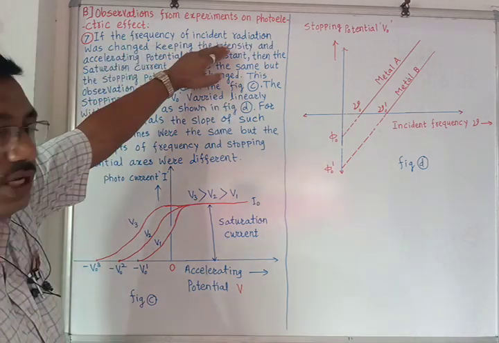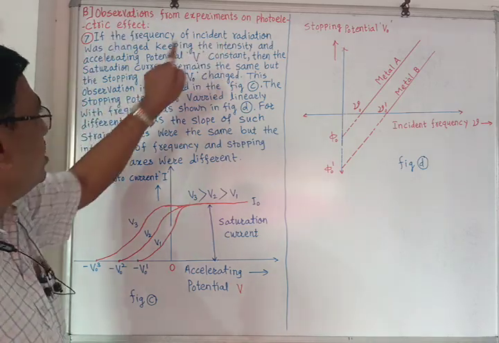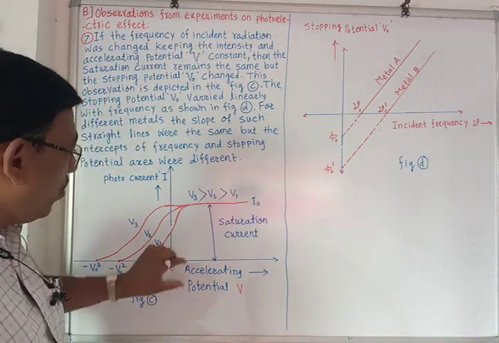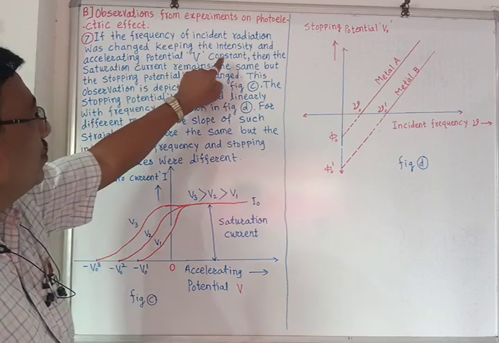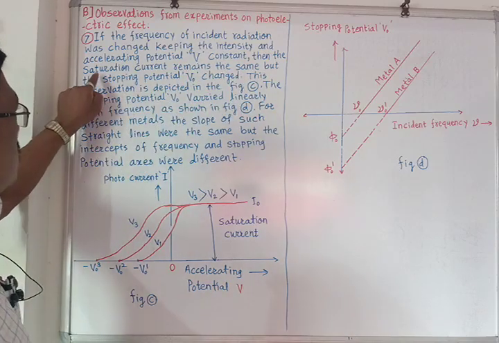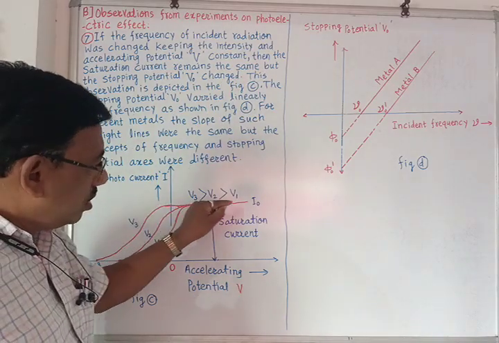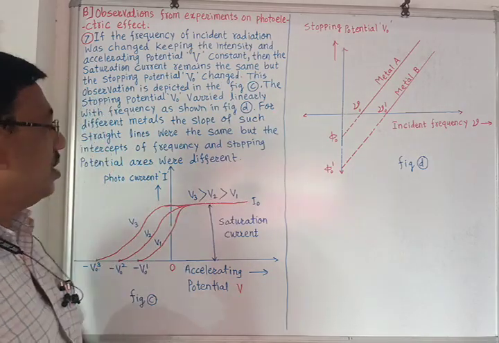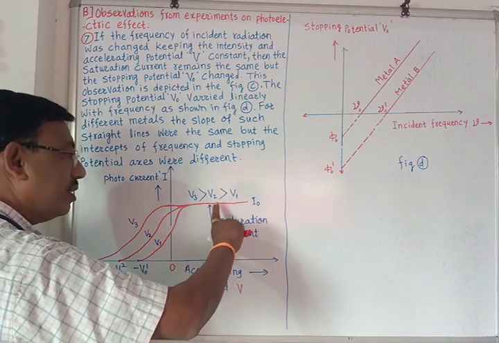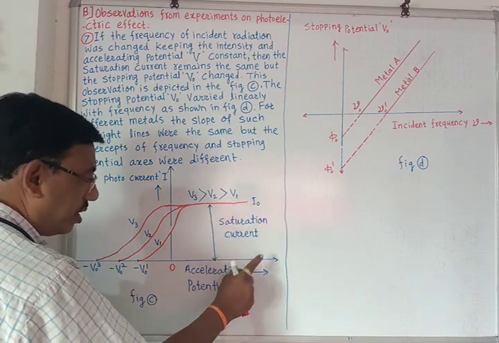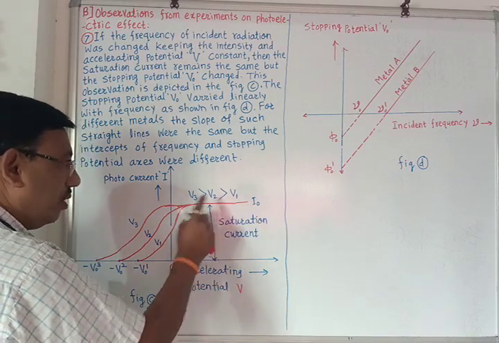समजलं का? फ्रिक्वेन्सी चेंज केली पण इंटेन्सिटी आणि ऍक्सलरेटिंग पोटेन्शियल हे कॉन्स्टंट ठेवलं. Then the saturation current remains the same. This one is the saturation current and it remains the same for different positions.